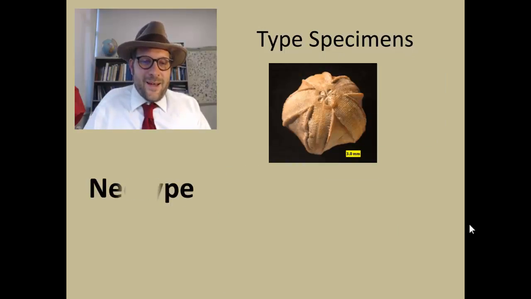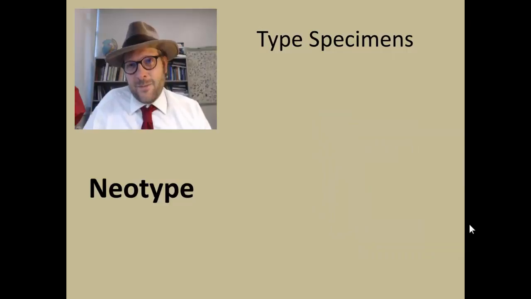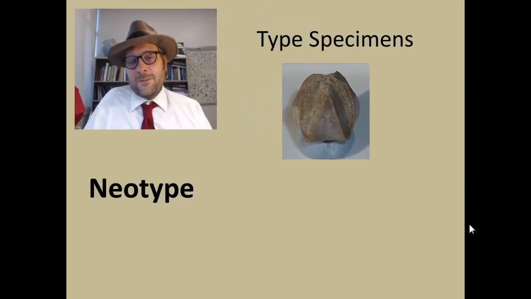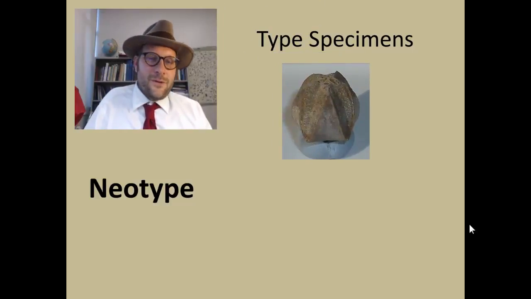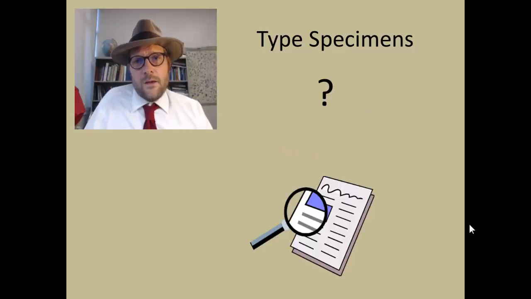Sometimes you have your holotype, and the holotype is lost. The museum misplaced it, the museum got bombed, there's a war, and the holotype's gone. And so instead of creating a new holotype, you create a neotype, and a neotype's a new specimen that you say will replace the old holotype, but we're going to call it a neotype, because, who knows, maybe the holotype will be discovered and we'll have a specimen of it.